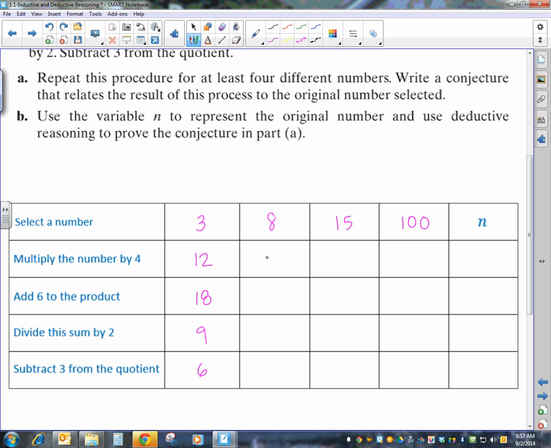8 times 4 is 32. 32 plus 6 is 38. 38 divided by 2 is 19. And 19 minus 3 is 16. So you might see a pattern. We're going to keep going. 15 times 4 is 60. 60 plus 6 is 66. 66 divided by 2 is 33.